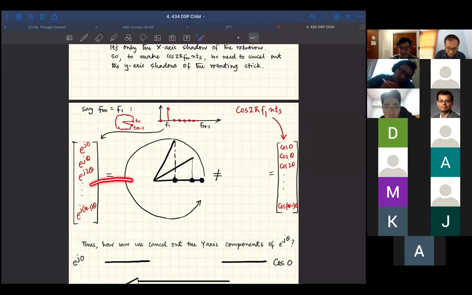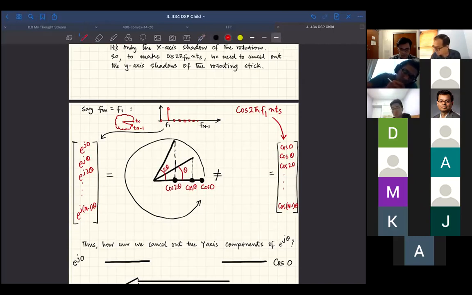This rotation is essentially this, where at the initial time we have cos 0, at the next theta we have cos theta, at the next 2 theta we have cos 2 theta, and so forth. So look, this rotation, whatever shadow it has on the x-axis, that shadow is what we really want.